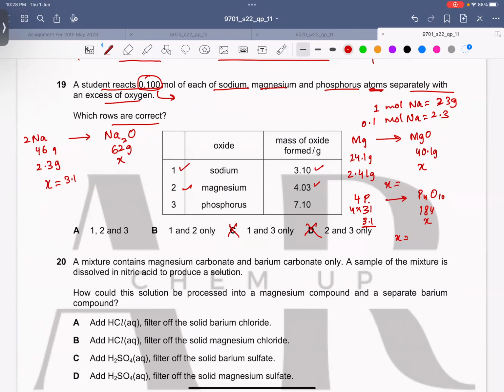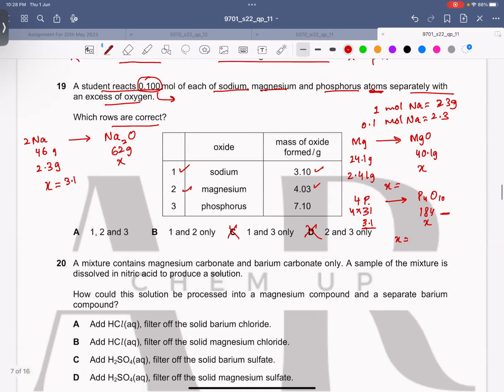Four point six. Okay, let me check one minute. Okay, calculate its Mr. Is it correct or not? P4O10. P4 is 31 times 4 plus 160. Oh, yes, it's 284.